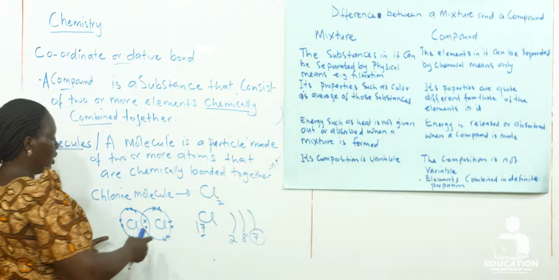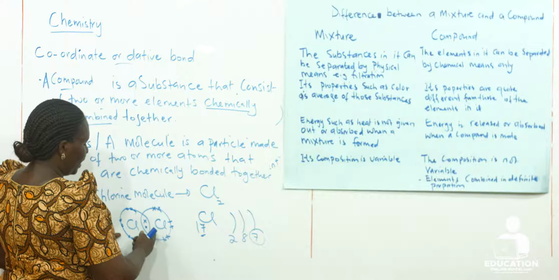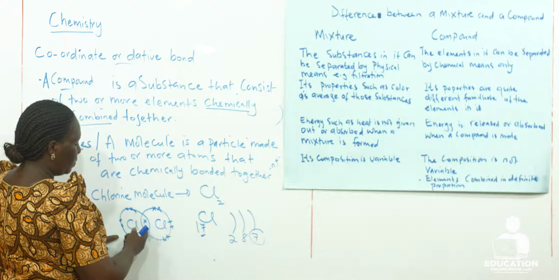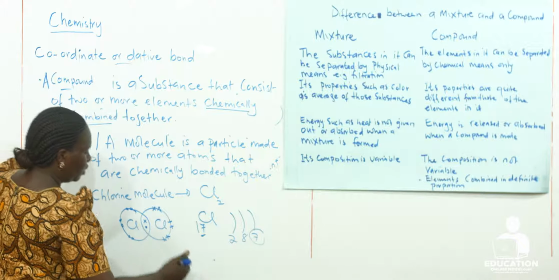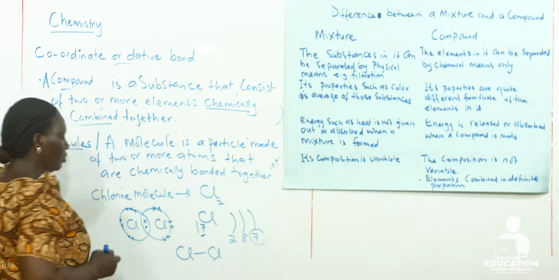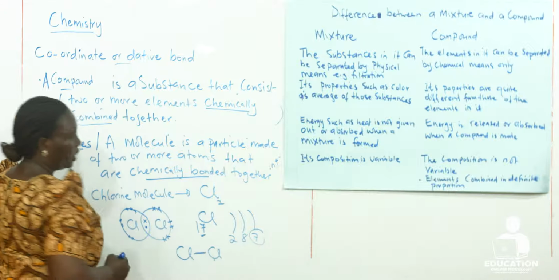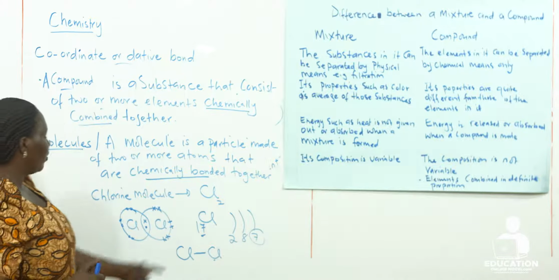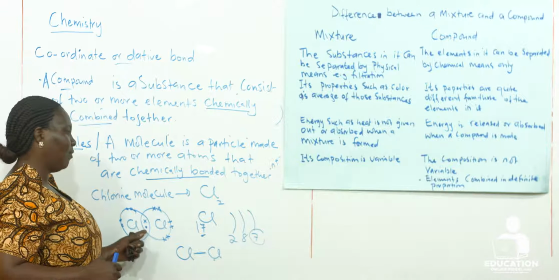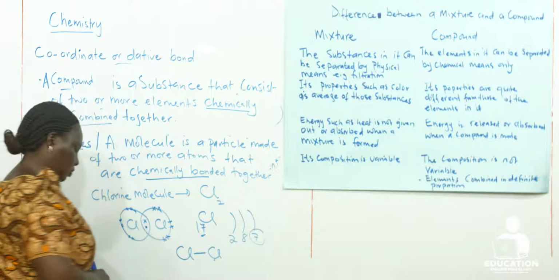So the 2 chlorine atoms will exist together through forming covalent bond by each one of them contributing 1 electron, so that we have chlorine molecule. So chemically bonded together. This is the bond. That is the covalent bond. And this covalent bond is formed as a result of sharing of this 1 pair of electrons that is donated by both chlorine atoms.